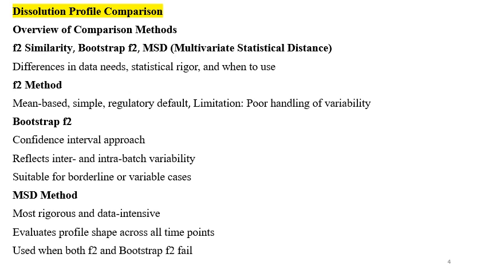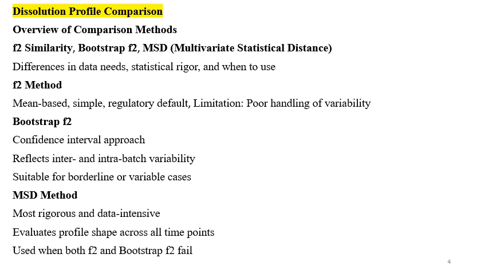Also, multiple strengths are required to be checked. So for comparison, there are some methods provided, like F2 similarity, bootstrap F2 similarity, and the MSD method. MSD method is the multivariate statistical distance method.